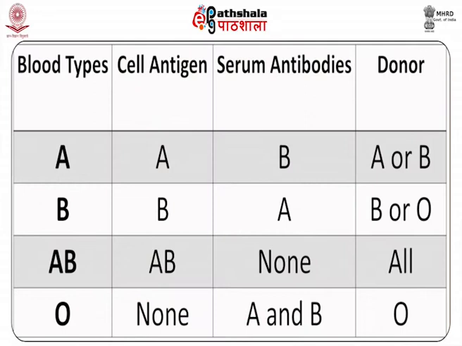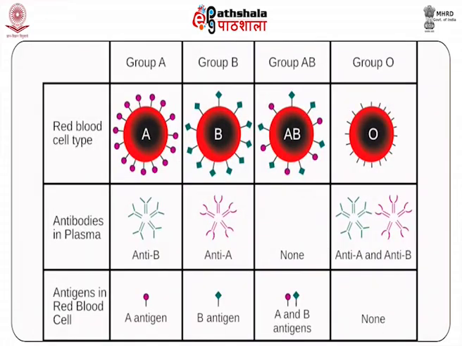All humans belong to one of four blood groups: A, B, AB, or O. These blood groups are based on genetically determined antigens A and or B that may be attached to the red blood cells. A blood type is characterized by the presence or absence of these antibodies in it.